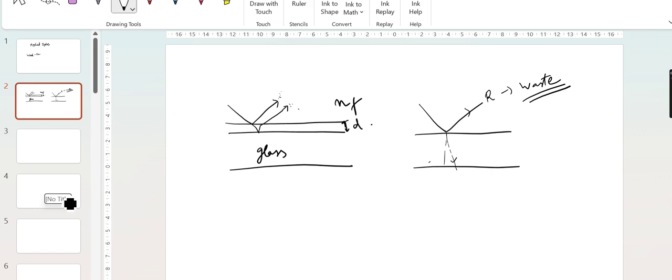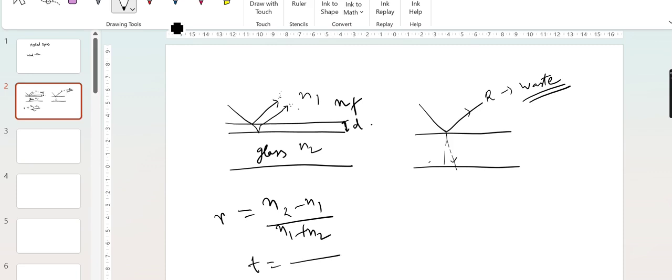So how do the reflections cancel each other? We already know the reflection and transmission coefficients, with transmission being 2n1 by n1 plus n2.